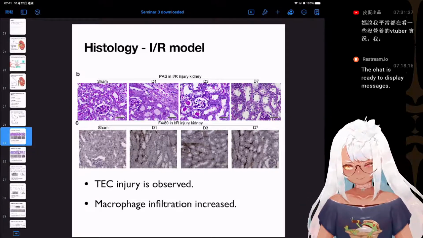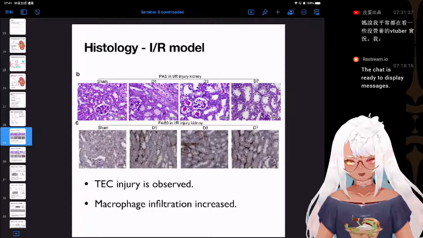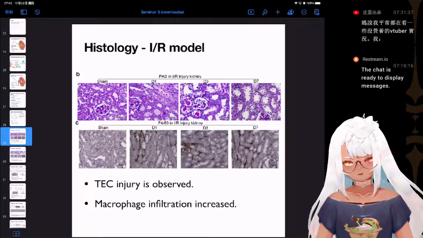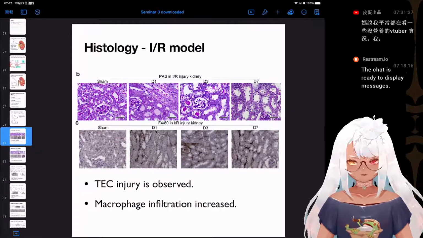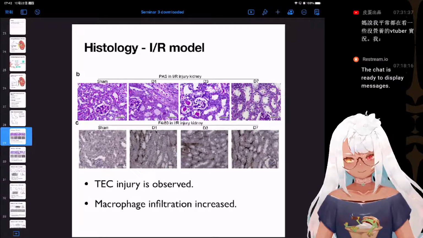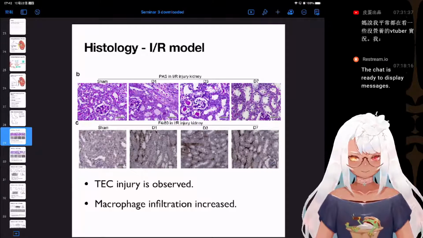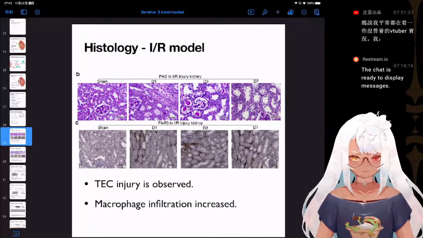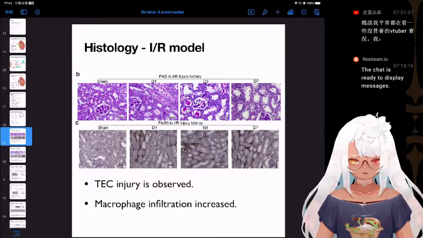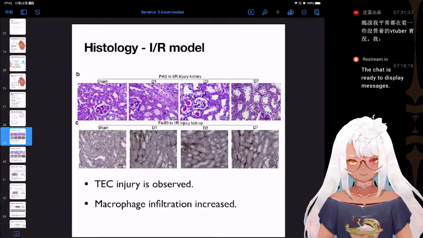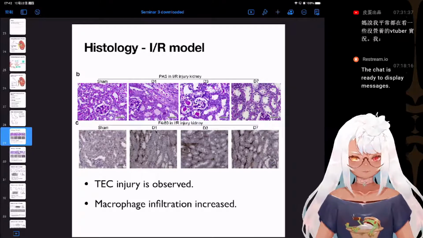Next, in histology for the IR model, compared to the sham at day 1 and day 3, we can see that morphological destruction is going on in the kidney, and it slowly recovers a little bit at day 7. The same goes for the infiltration of macrophages, which increases at day 1 and day 3.